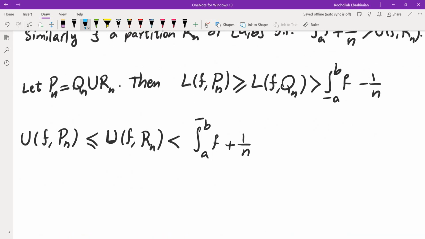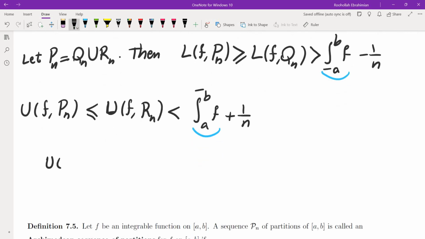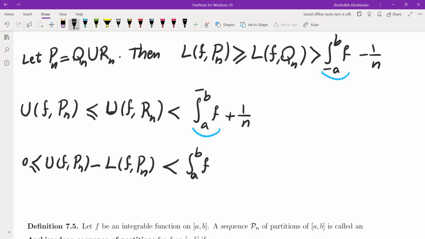So if I look at the upper sum for Pn minus the lower sum, I would like to show this is in fact approaching 0. First of all, this is non-negative. The upper sum is less than the integral from a to b of f plus 1 over n. The other one is also greater than the integral from a to b of f minus 1 over n. And this is 2 over n.